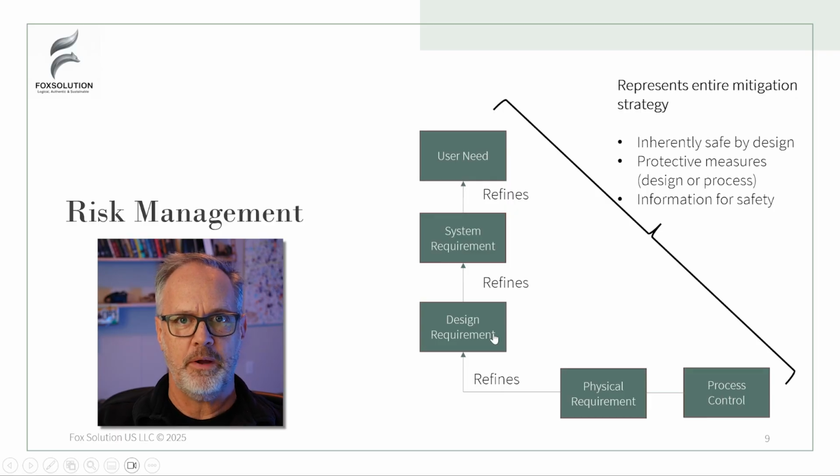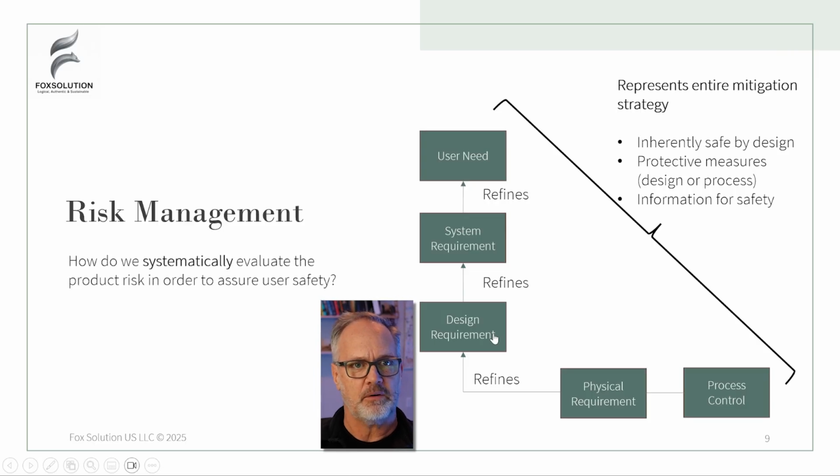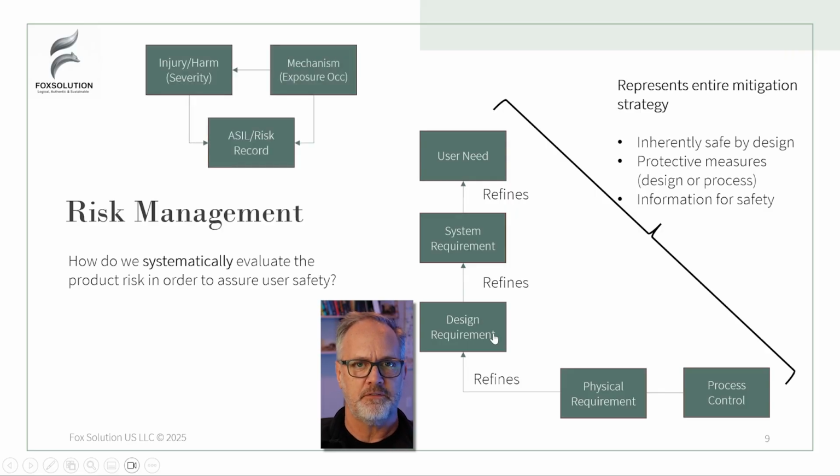Now, when we evaluate risk, we're going to have to understand what is the impact to users? And that raises this question about how we systematically evaluate the product risk in order to assure the user safety. The top level of this for almost every framework that's out there, regardless of industry, is that we have this sort of three-piece evaluation, where we evaluate the injury or the harm to users, and we delineate what the severity of that harm is, and then we evaluate any mechanism that could create a situation where we're exposing the user to that hazard, which results in injury.